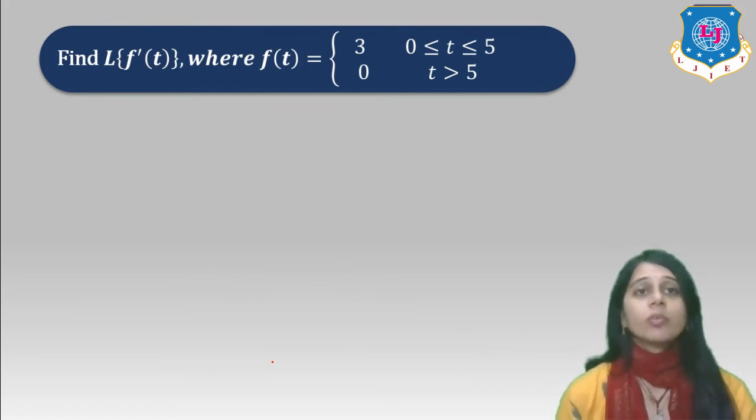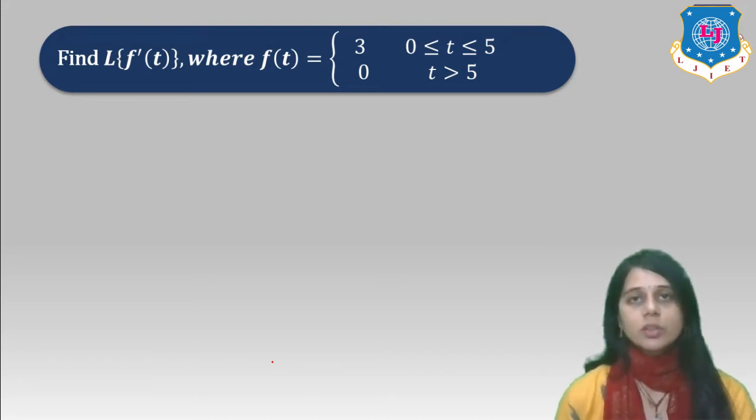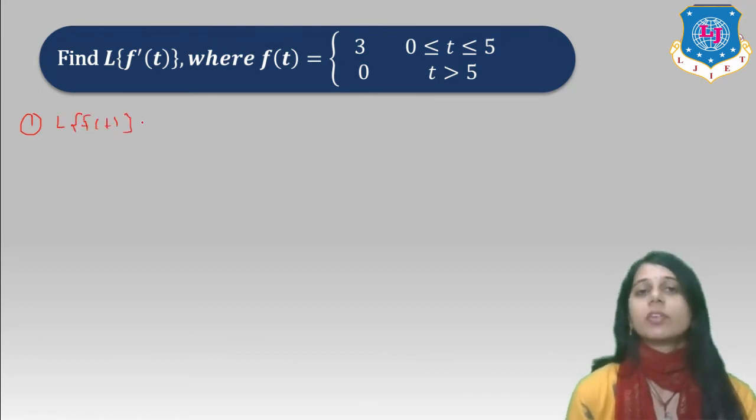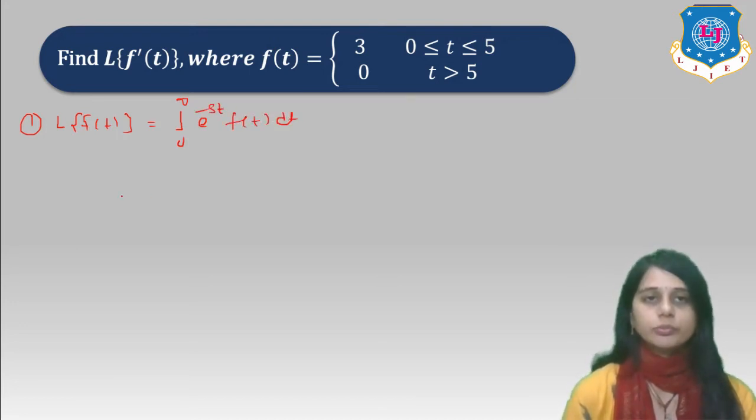Next example. Find Laplace of f dash t where f of t equals 3 for t from 0 to 5, and 0 for t greater than 5. First of all, we have to find Laplace of f of t, and we have to find it using the definition of Laplace transform. Integral of e raised to minus st f of t dt, from 0 to 5, 3 e raised to minus st dt.